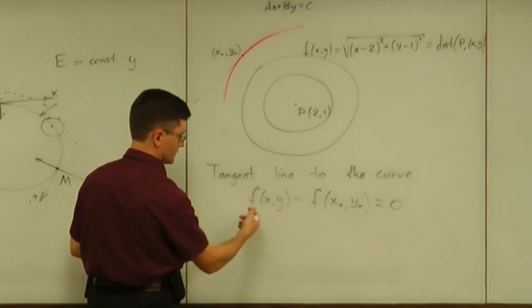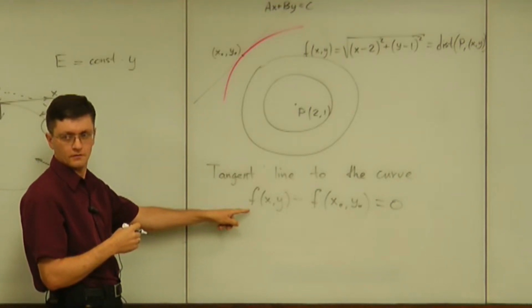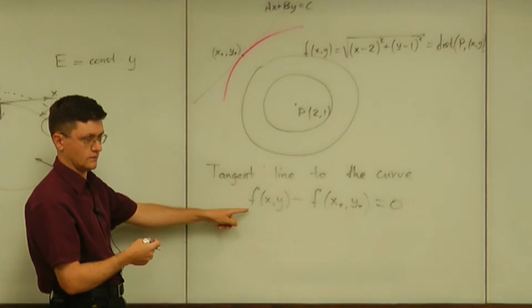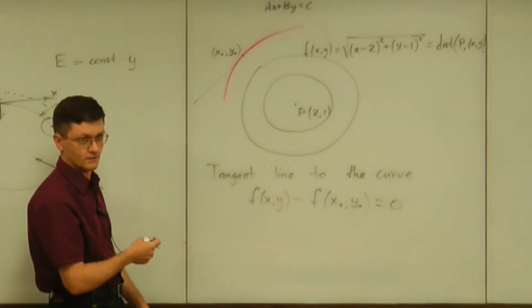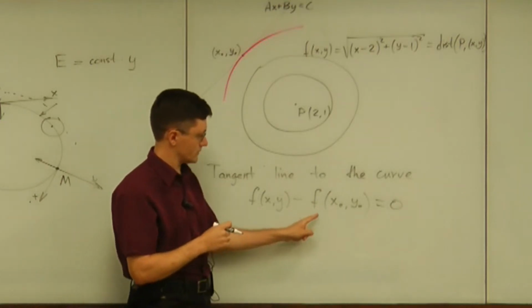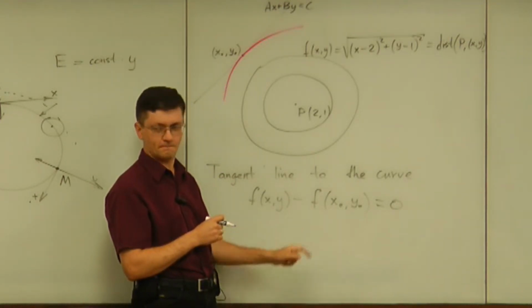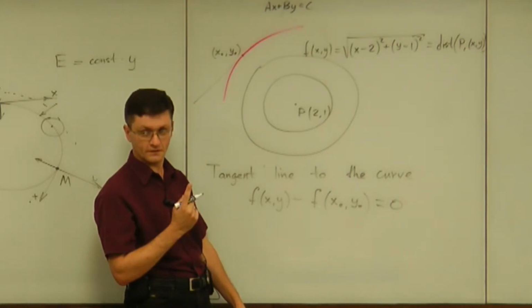And we take the partial derivative of the left-hand side. What's the partial with respect to x of the whole left-hand side? What's the partial with respect to x of this? One?